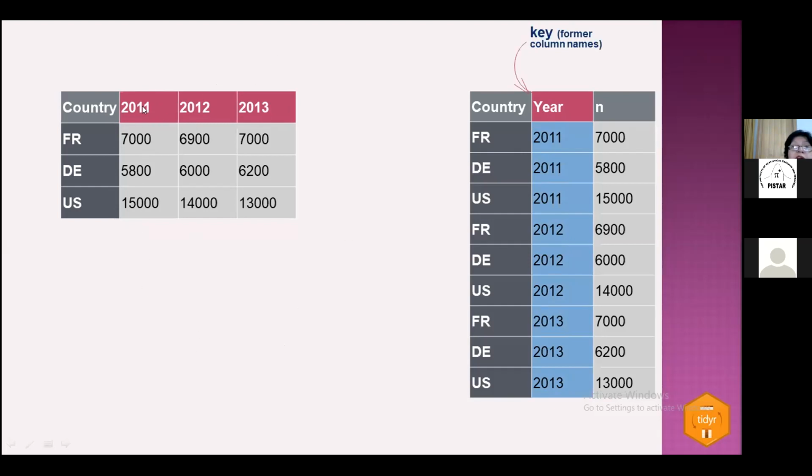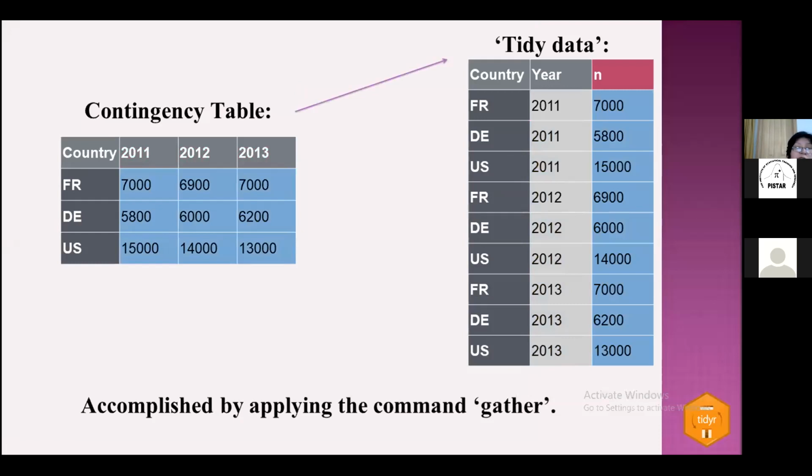So former column names are now going to be put here. They will be coming here actually, and here we are writing here. After that, this other one also. The former cells, these values in the cells, they are coming here. And this name, I've given it myself. All right, so by doing this, we got it.